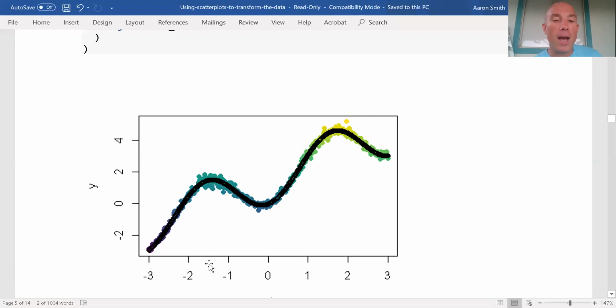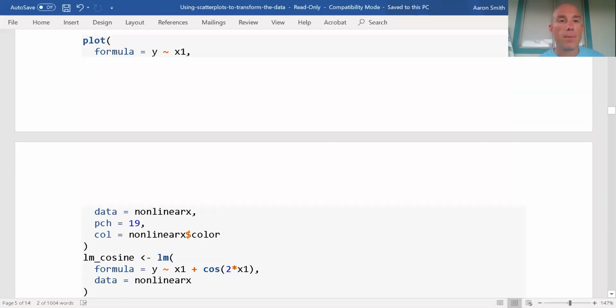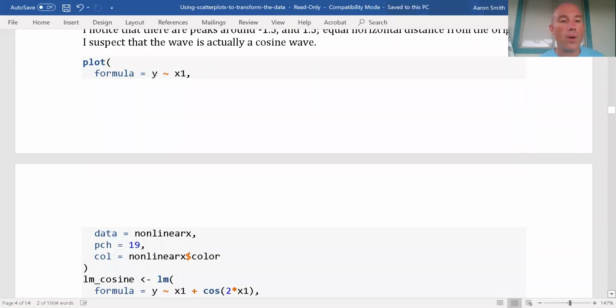So I'm going to go with cosine. I suspect that cosine of 2x1 is what I should have in my model. All right, so let's go ahead and do that. Here I plot the points.